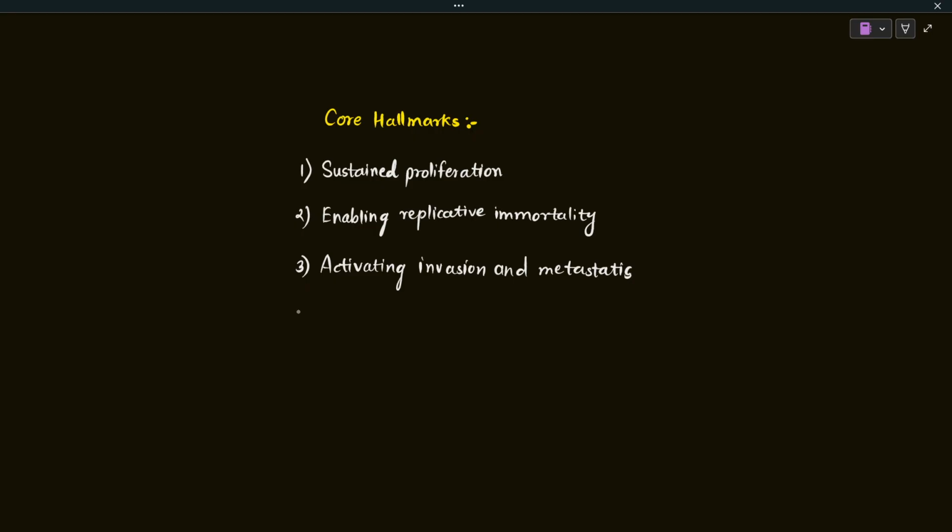The other core hallmark is accessing the vasculature. This is also important. We learned in the last class that cancer cells exhibit angiogenesis, the phenomenon where new blood vessels are formed so that there is a constant supply of oxygen as well as nutrients to the growing cells.